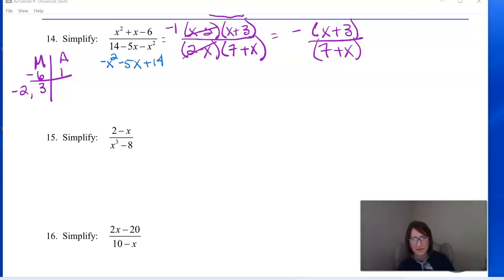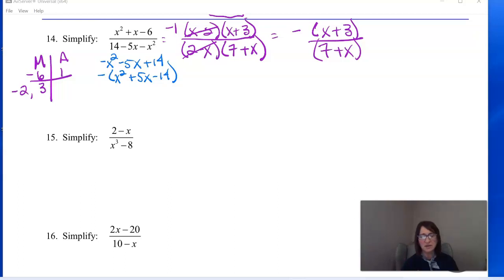We don't like that leading coefficient to be negative, so we take out the negative as a greatest common factor, so that'd be x squared plus 5x minus 14. And then when we factor that, we get a negative on the outside, and it's going to be x plus 7, x minus 2.